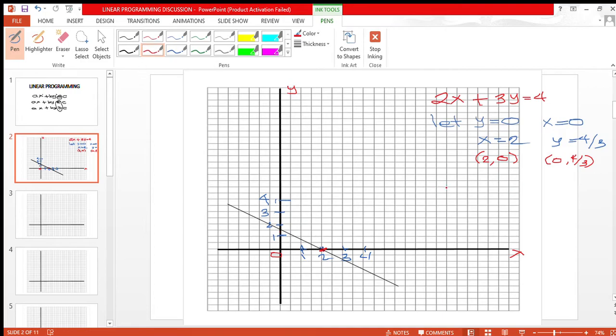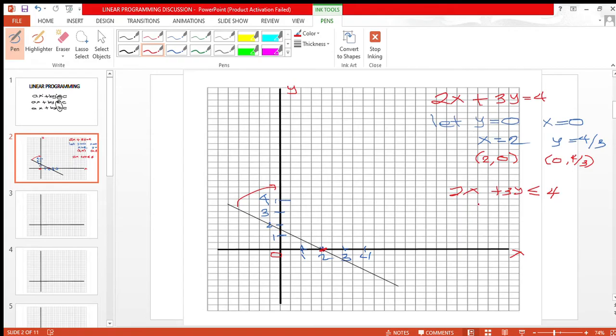So let's say we now make this as 2x plus 3y is less than or equal to 4. So on our Cartesian plane, we have the graph of the line 2x plus 3y is equal to 4. This line is the graph of 2x plus 3y is equal to 4. So how do we now graph this? 2x plus 3y is less than or equal to 4.